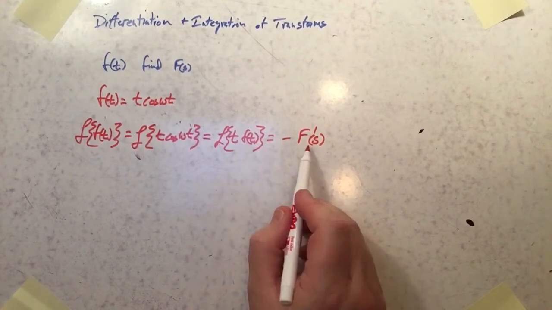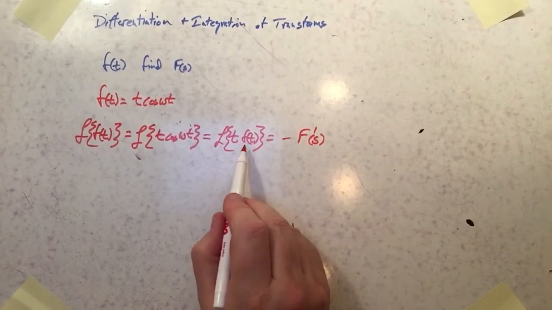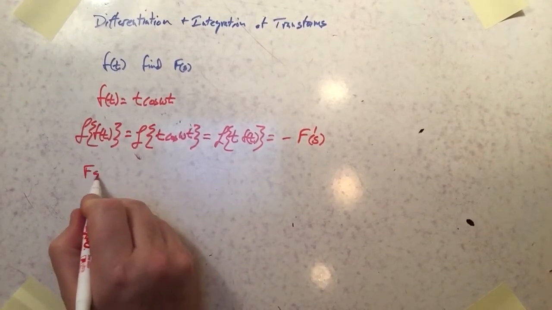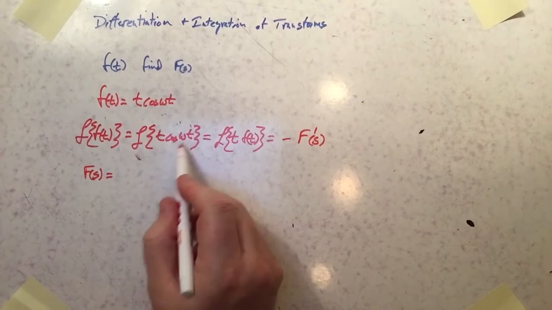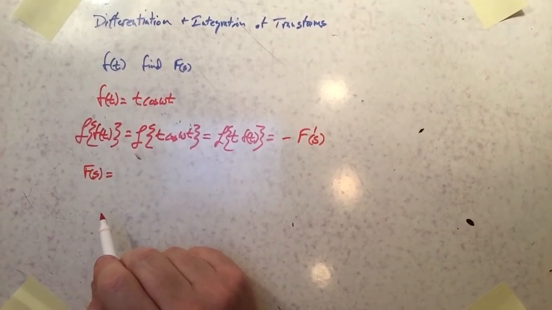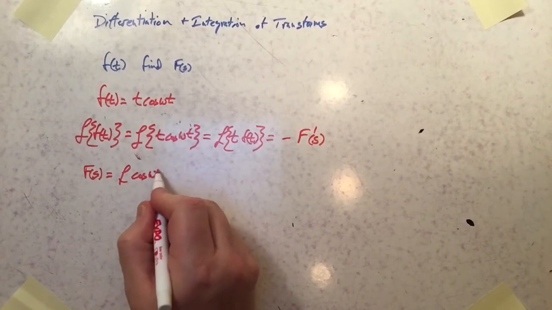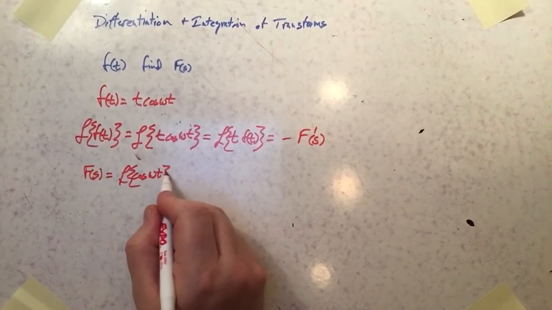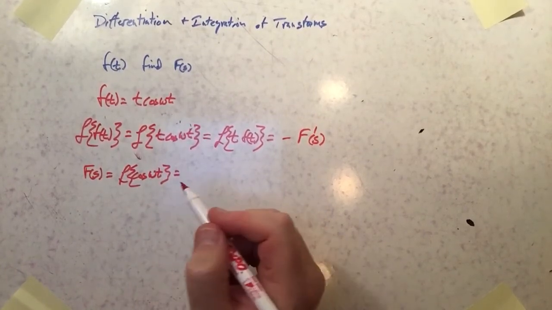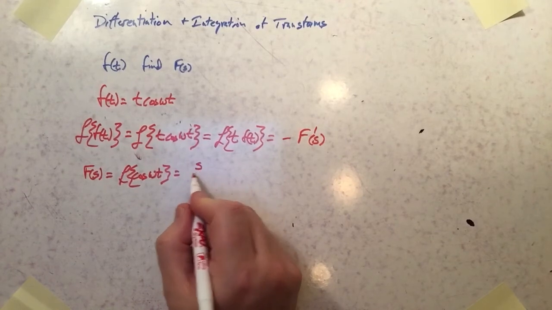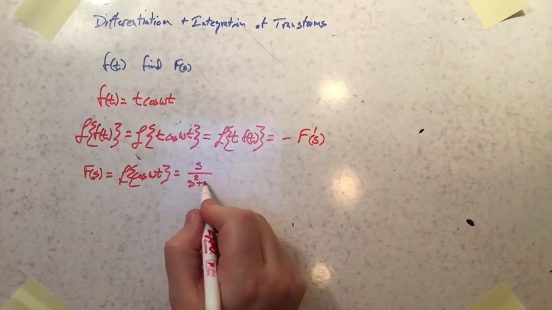So let's find F of s, assuming that f of t was cosine of omega t. Well, F of s, assuming f of t is cosine of omega t, is just going to be the Laplace transform of cosine of omega t. And of course, that's right on the table, easy enough to look up. Cosine of omega t, s over s squared plus omega squared.